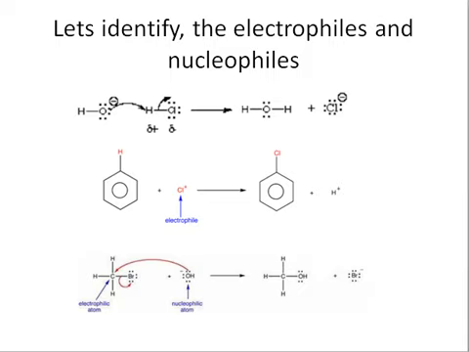But whenever there is a pi bond between carbon and carbon, whether that's a double bond or triple bond, or whenever there is a full negative charge, or a partial negative charge, or an atom with a lone pair, in all of these cases the species will act as a nucleophile.